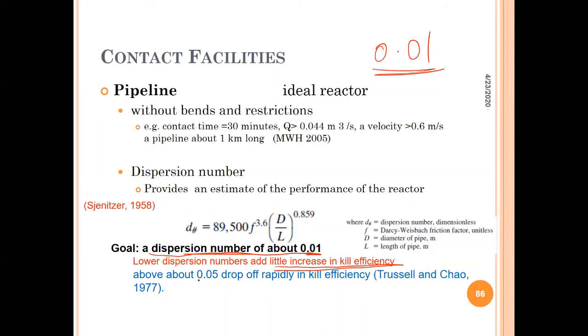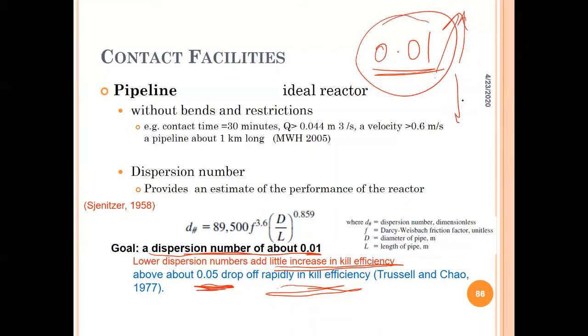Or if you have a number higher than this, even 0.05, the kill efficiency drops quickly. So a number higher than this is not good, and lower than this is not very good either. Just this number is considered good. This is our goal. So if we know the length, the diameter, and the Darcy-Weisbach friction factor, we can calculate the dispersion number.